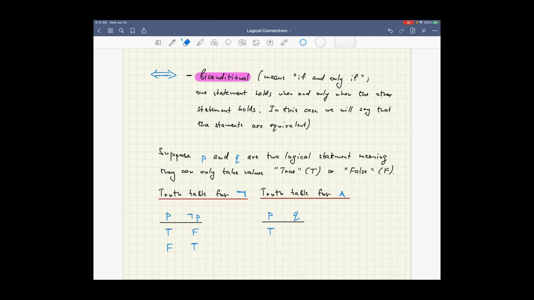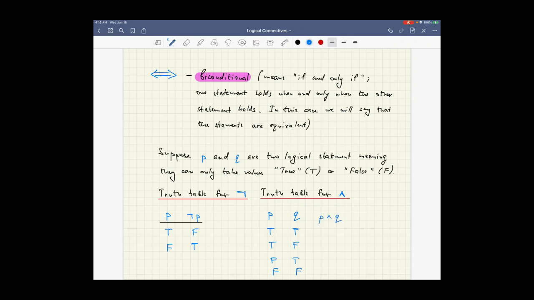P is true, Q is true. P is true, Q is false. P is false, Q is true. And both are false. Right, now, what about the value of P and Q?